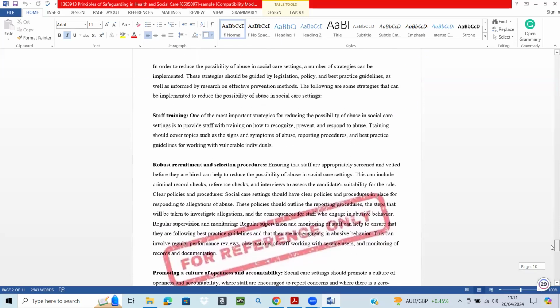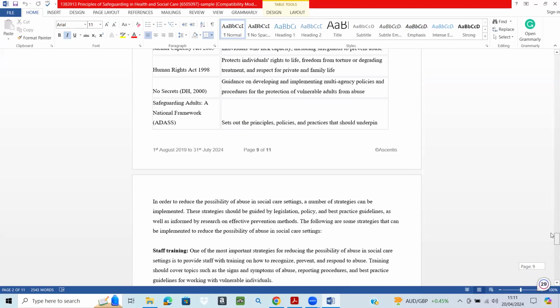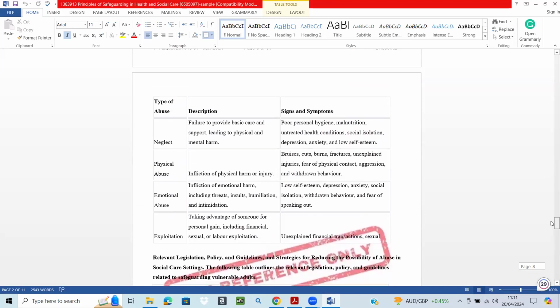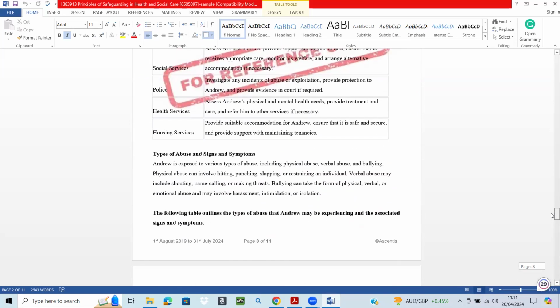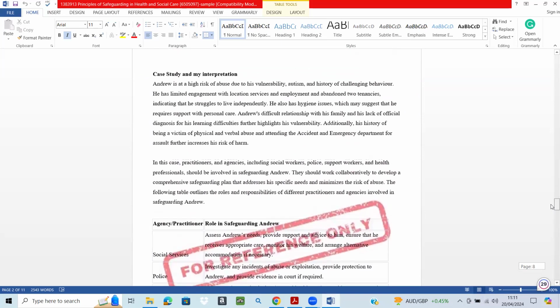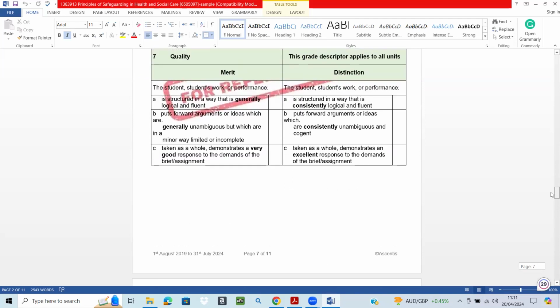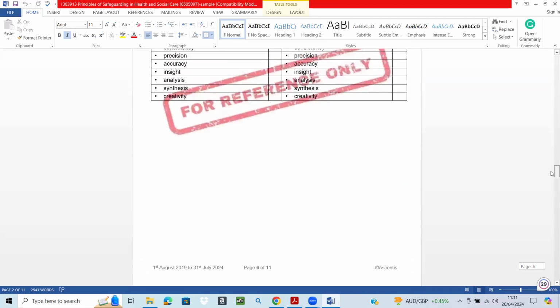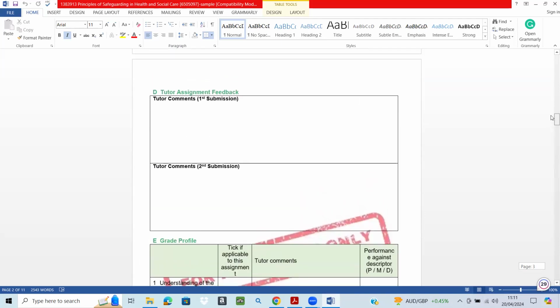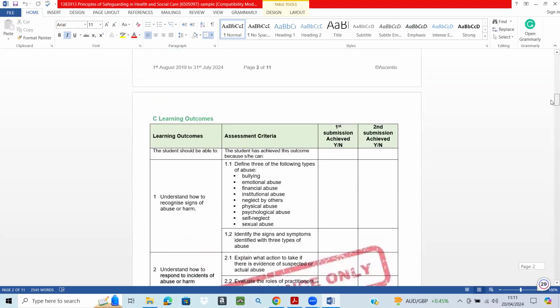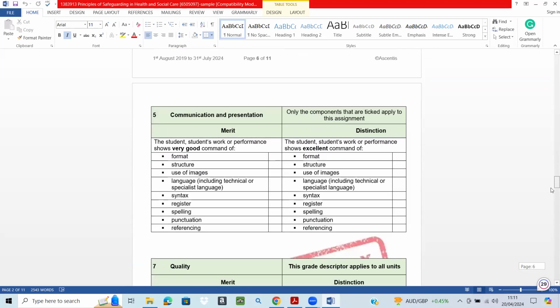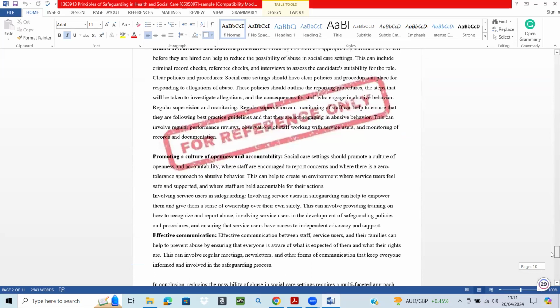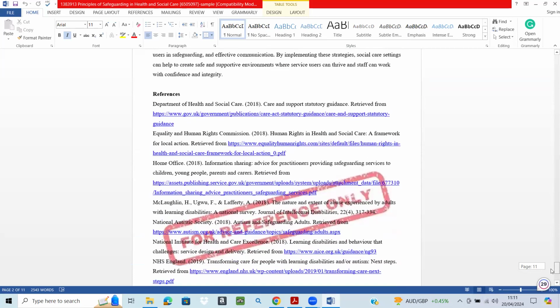And there should be some in-text citations as well. So this is a sample for your assignment. Your assignment should look something like that.